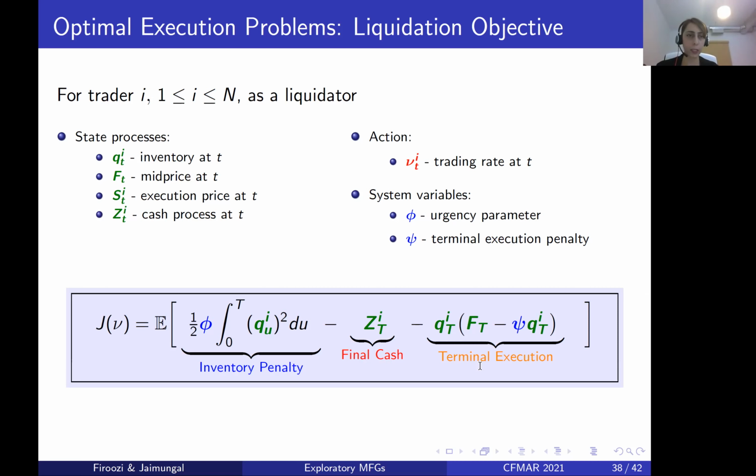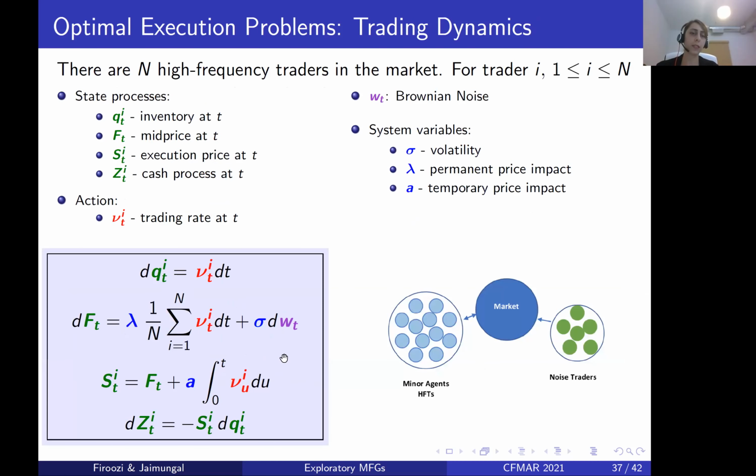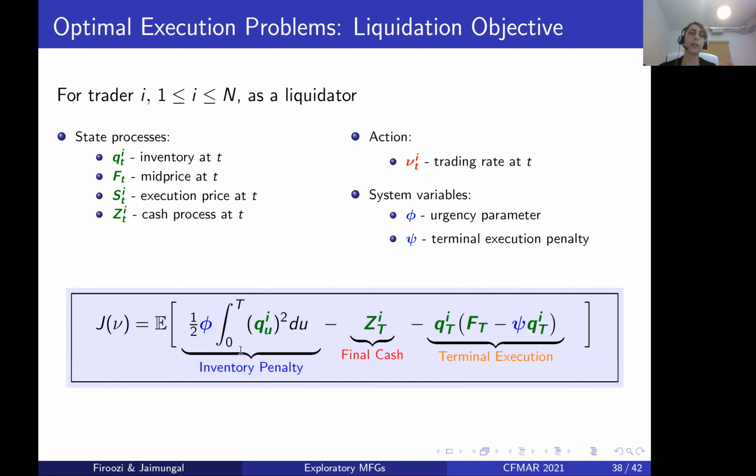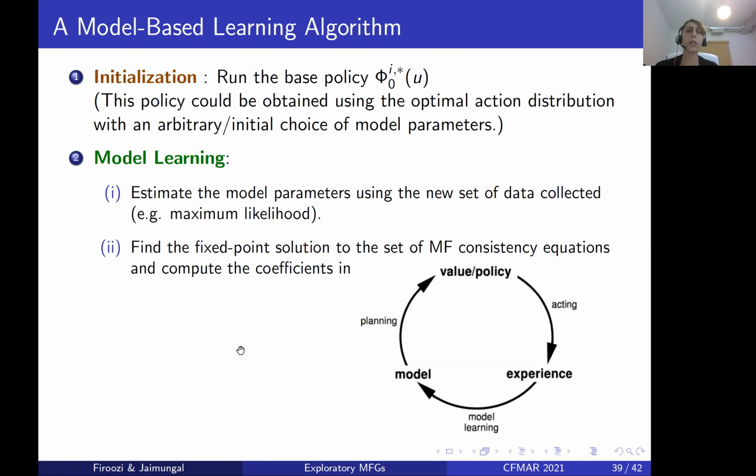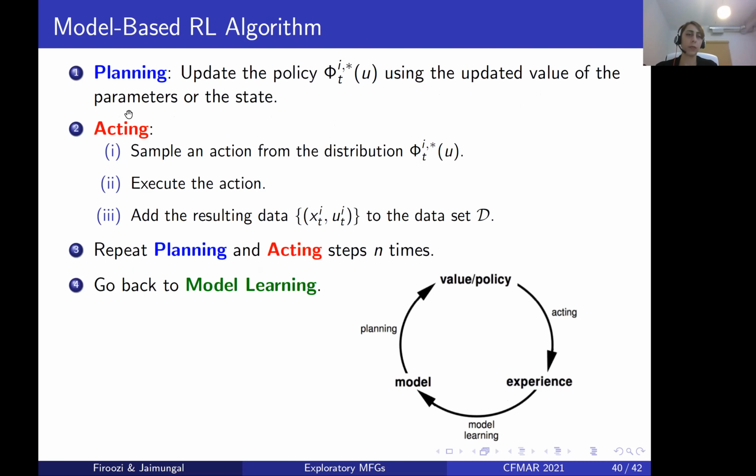So in this context, it makes sense to assume that agents don't know the permanent and temporary price impacts and the volatility, but they know the parameters in their objective function. Then a model-based learning algorithm can be used to estimate the parameters of the system. This has 4 main steps: initialization, model learning, planning, and acting.